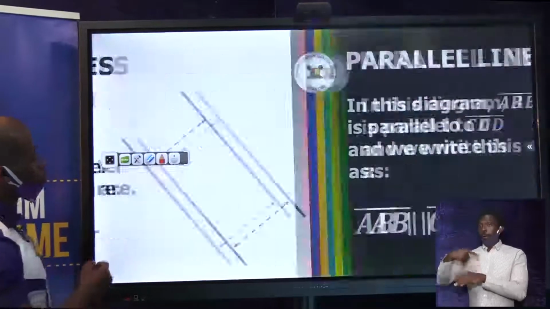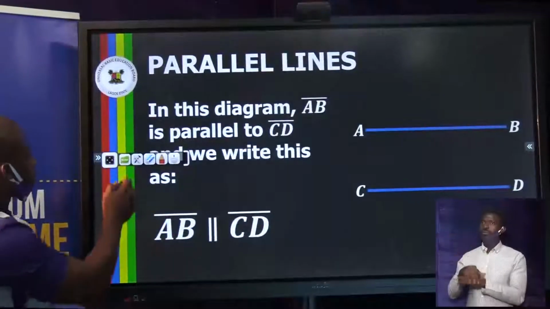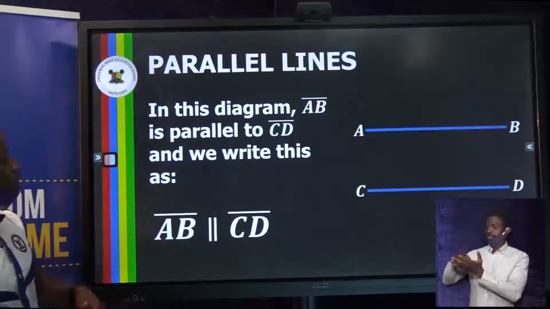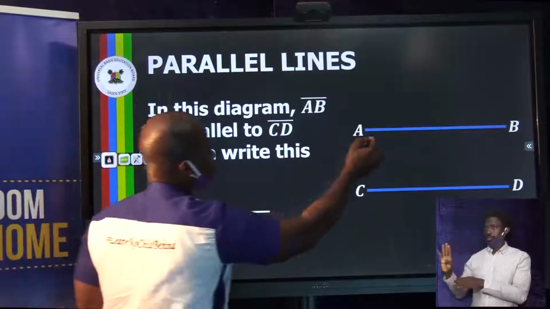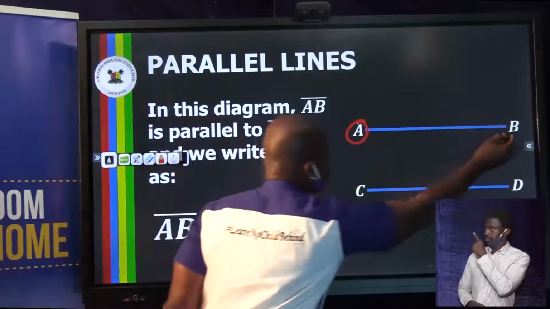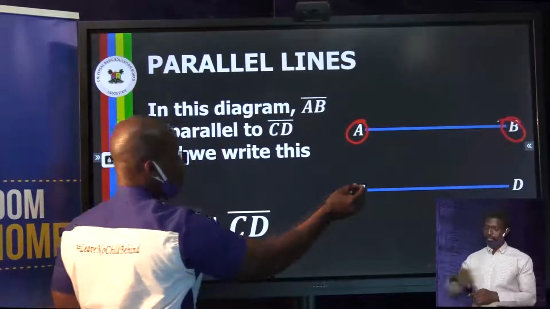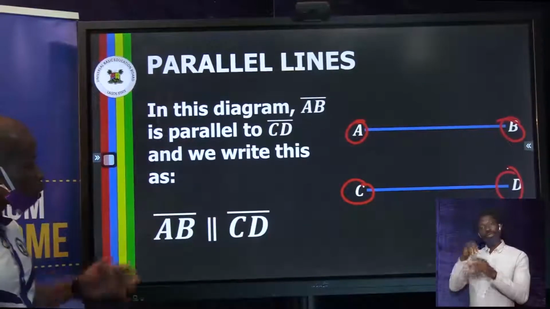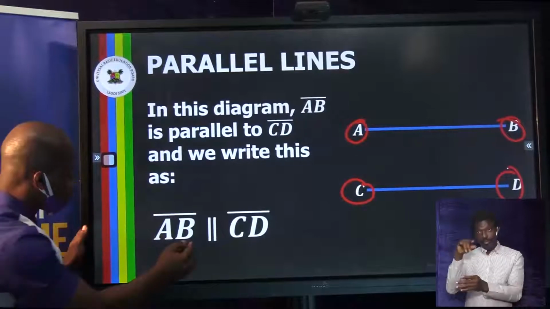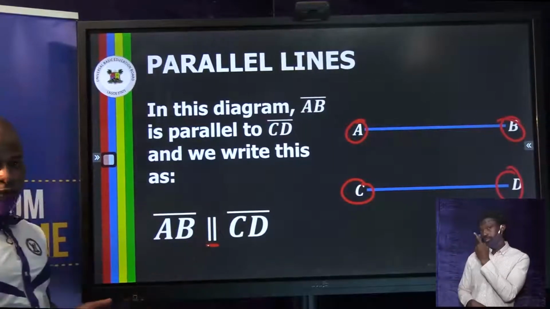Next one here says that in this diagram, the line AB, that is this line here, is parallel to the line CD. And so in your books, when you're reading and you come across this symbol, don't be confused.